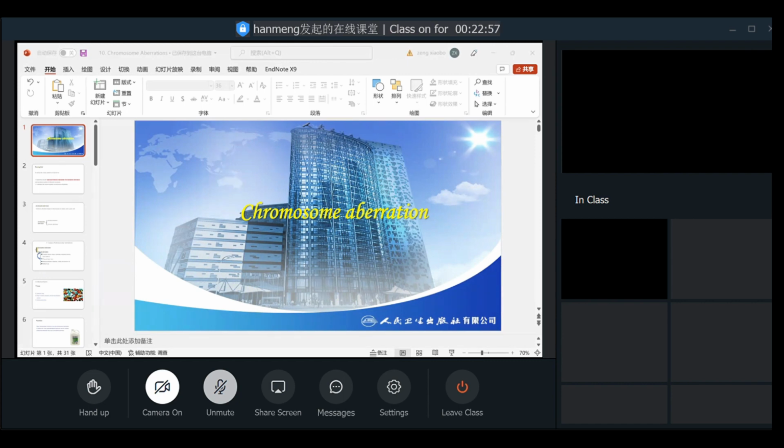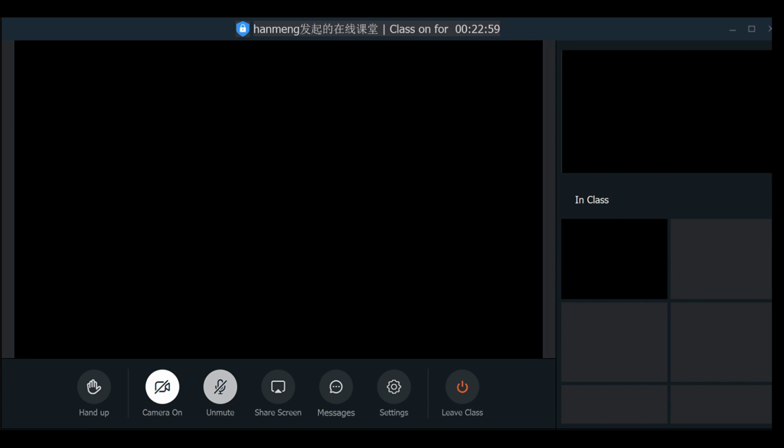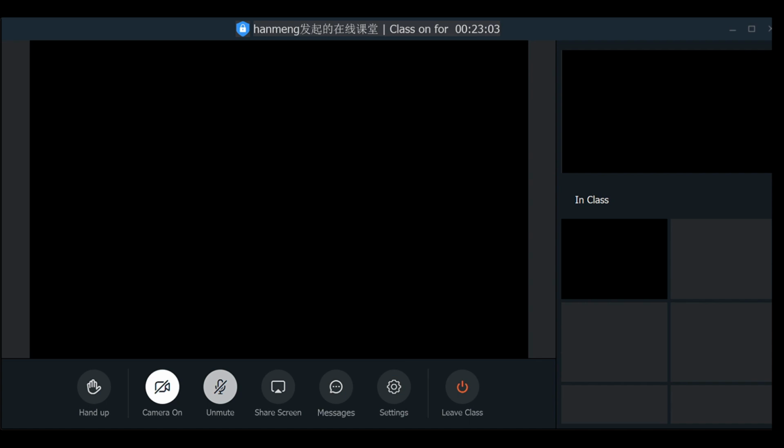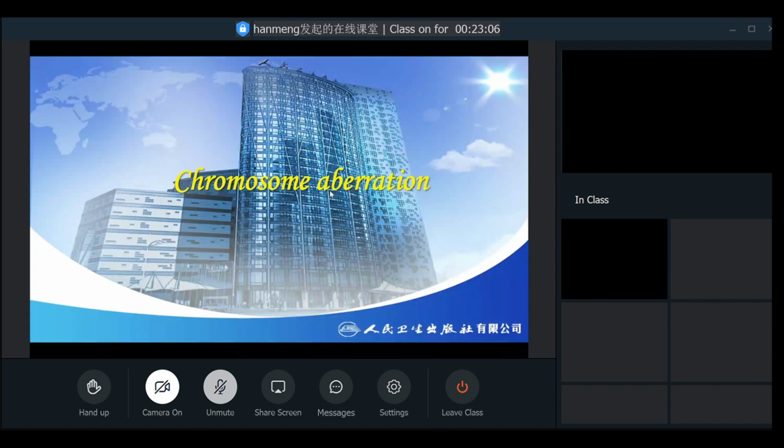In a previous class, we talked about the chromosome, and we learned the structure and how to name the regions of the chromosome, and two forms of a chromosome, named chromatin and chromosome.